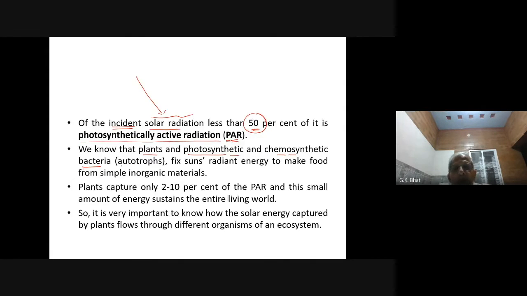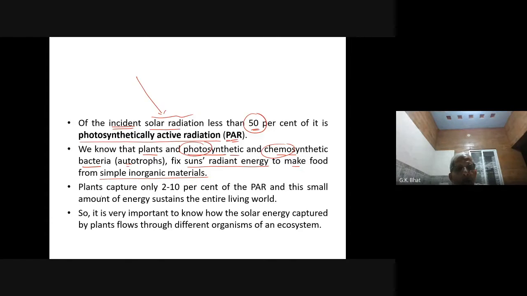Together these are called autotrophs, which fix sun's radiant energy to make food from simple inorganic materials.